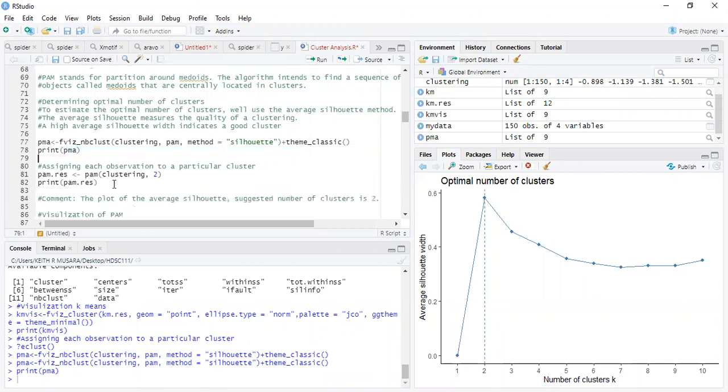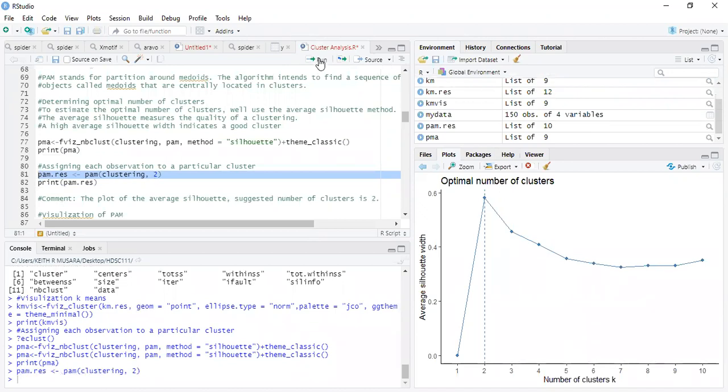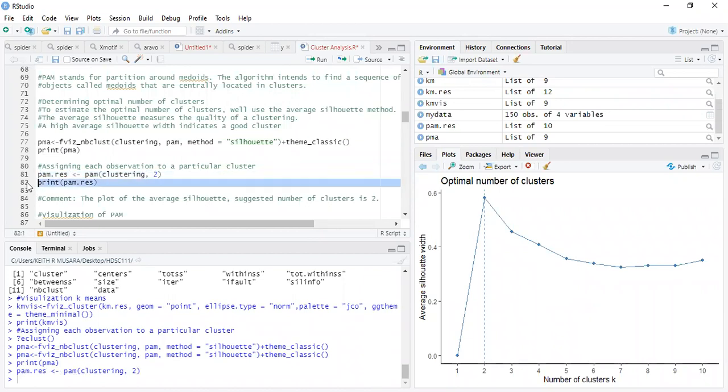Now we want to assign each observation to a particular cluster, so that you are able to come up with the visualization. After assigning each observation to a particular cluster, you'll be able to come up with the visualization. If you run this function, since it has picked 2 clusters, these are the 2 clusters we've come up with.